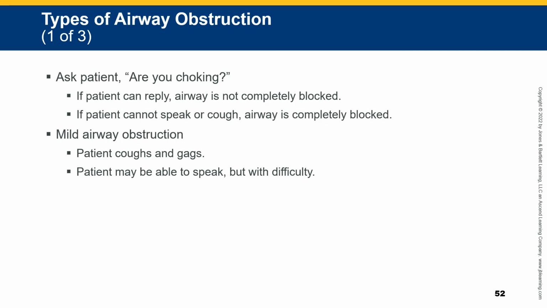They will indicate this as a reflex by putting their hands toward their throat, which indicates that they aren't able to get any air. With mild airway obstruction, a patient will cough or gag, and the patient may even be able to speak, although they may do so with difficulty.